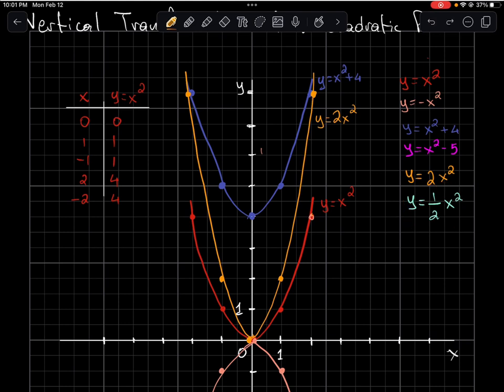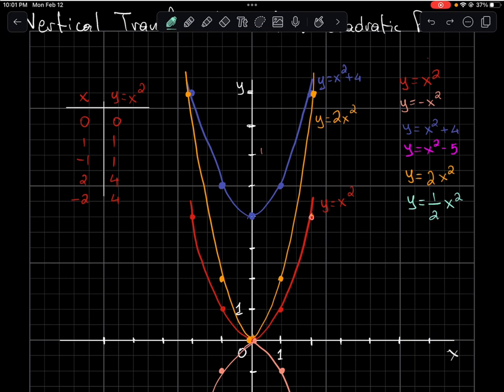Now let's go to this one. That's 1/2 x squared. Using the same logic, I see that it's not an x transformation. It would be if it had a parenthesis like that. Because it doesn't have a parenthesis, it's a vertical transformation, and it tells me whatever you had, make it half, and that's going to be your new height.